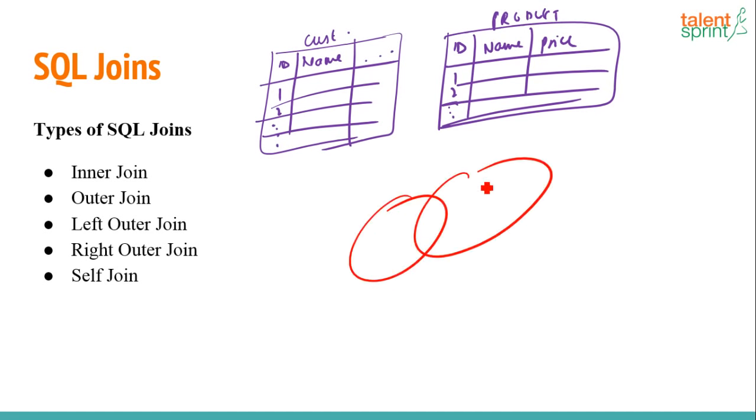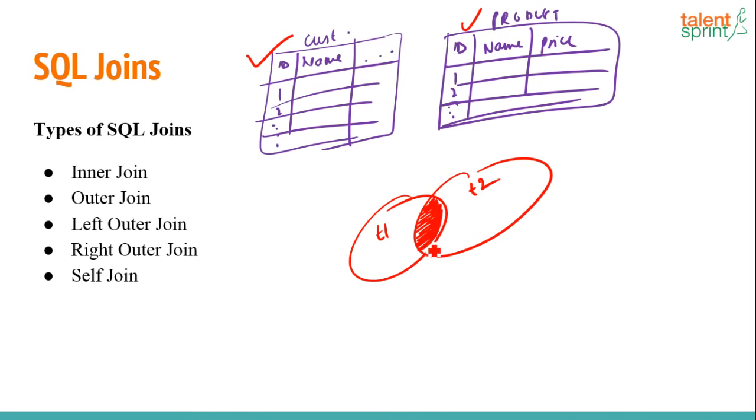Think of whatever example, not particularly this one. Just think of both your tables as these two boxes. This is table 1, this is table 2. Now you want to find out what is common between these two tables.